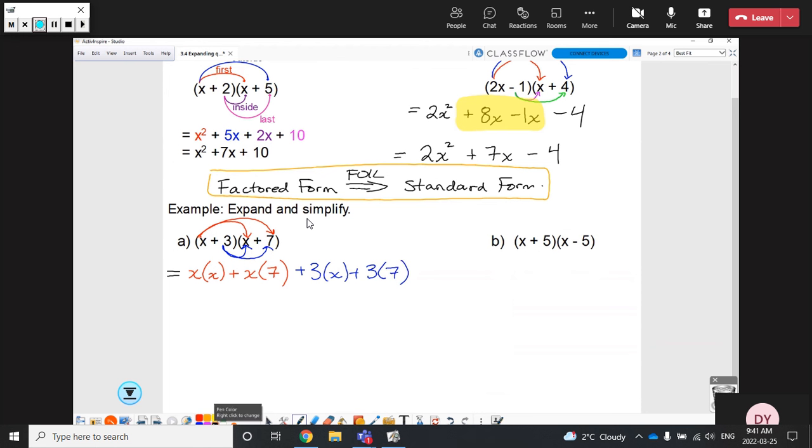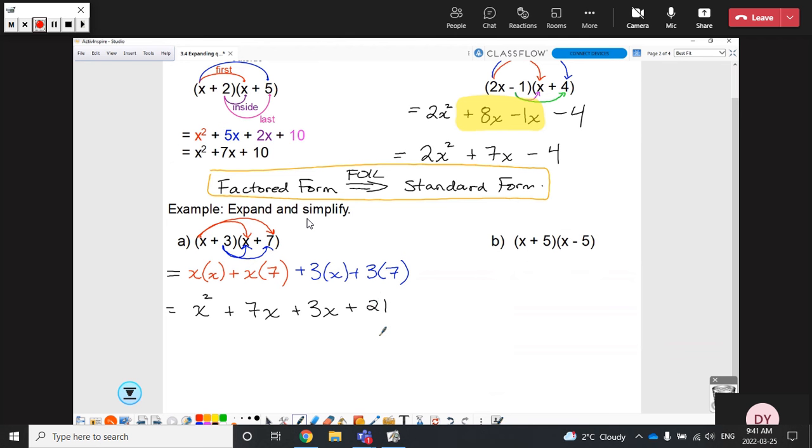Now, do we need this step? Absolutely not. Just like in the distributive property, we didn't need that first step. But it's pretty good, I think, especially when we're learning this stuff, to see what's going on. So now we can go ahead and simplify all of these products. X times x is x squared. X times 7 is 7x. 3 times x is 3x. And 3 times 7 is 21.